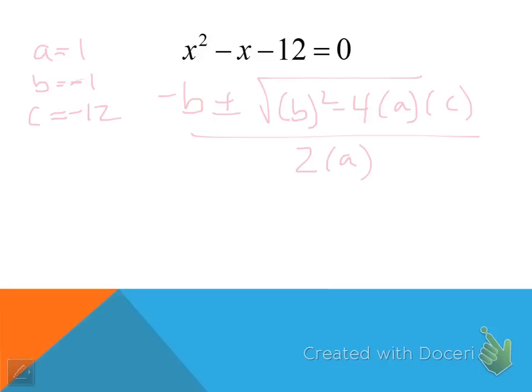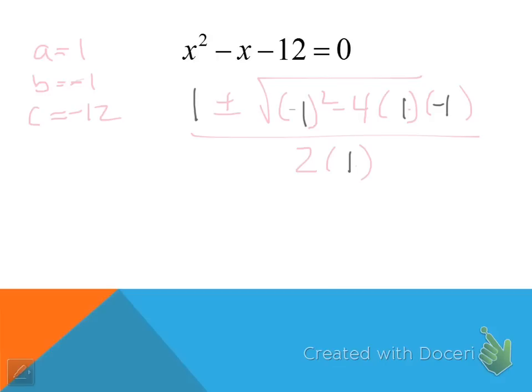My negative b, when I put a negative 1 in for a negative b, it changes to a positive. So we got a positive 1. But when I put a negative 1 in here, it's going to be a negative 1. My a is 1, so we can replace both of these a's with 1. And my c is negative 12.